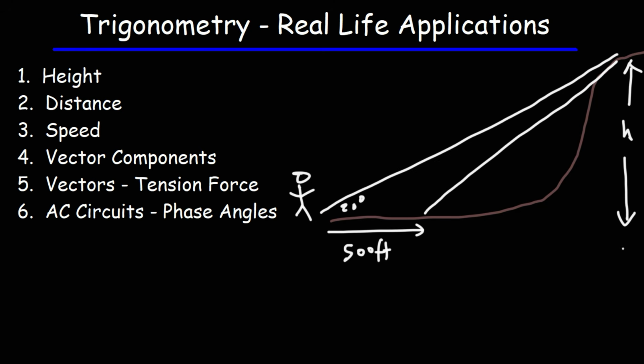You don't have to walk all the way to the mountain, just a small distance until you get a new angle. So let's say you walk 500 feet and the angle changed to 19. Now, with these two angles and the distance that you walked towards the mountain, you can find the height of that mountain. Let's go ahead and work on that example.